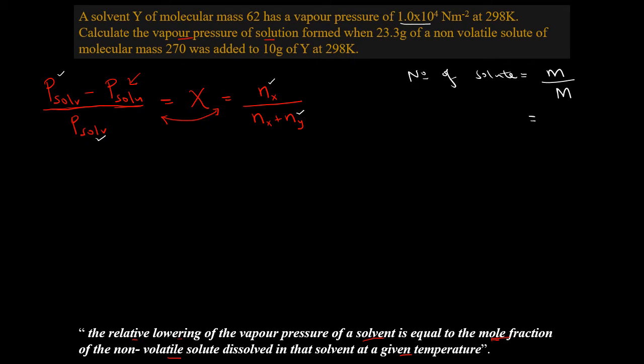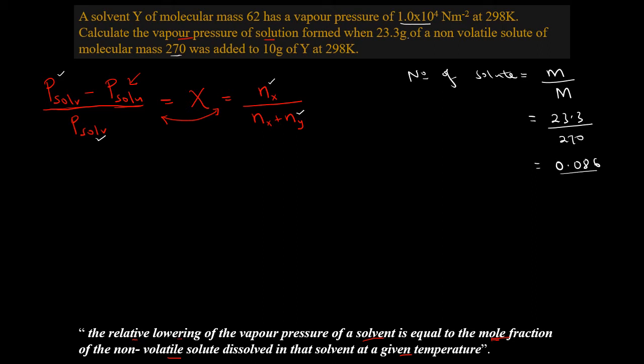The mass of the solute is 23.3 grams of a non-volatile solute, divided by the molecular mass, which is 270. When you divide 23.3 by 270, we get 0.086.